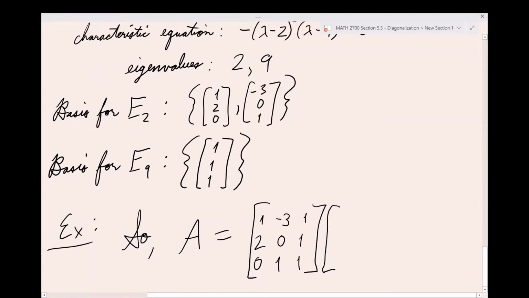Well, these two columns of this new matrix were from the 2 eigenspace, so that means my first 2 diagonal entries should be 2s. And then this third column came from the basis for the 9 eigenspace, so that means I want my third diagonal entry to be a 9.